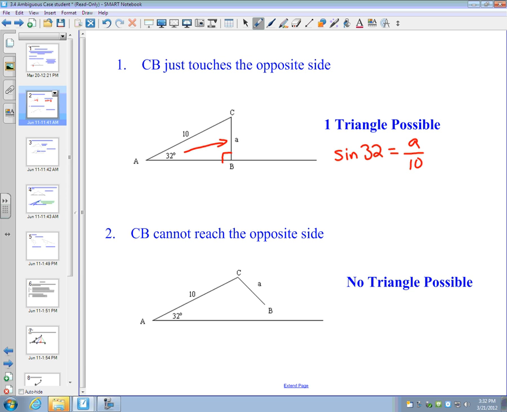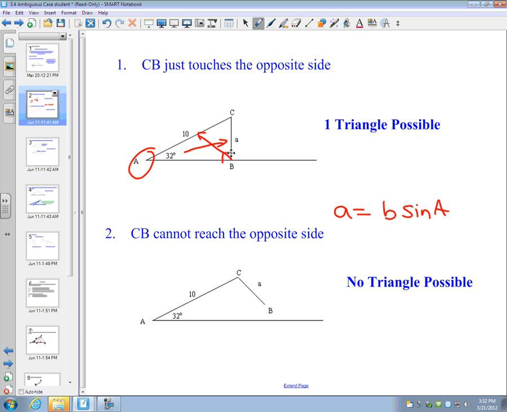So I could say that length A is equal to 10 sine 32. So that's specific. I could tell you that exact length that makes only one triangle possible. Okay, in general sense, I could say that A is equal to B, because that's side B, sine A. So there is exactly one triangle when the length A is equal to B sine A.